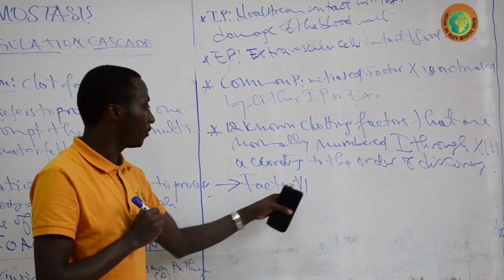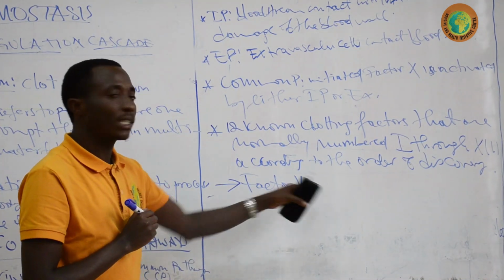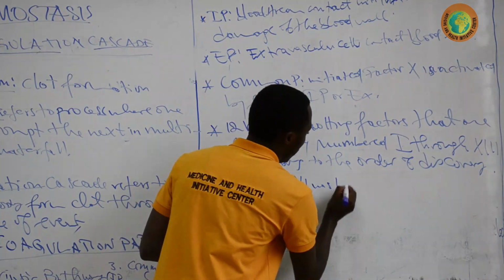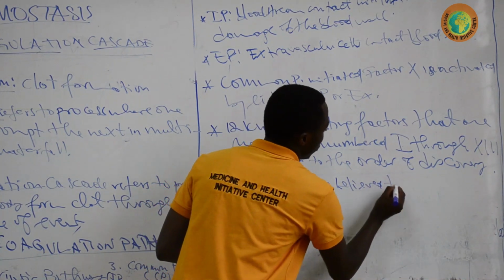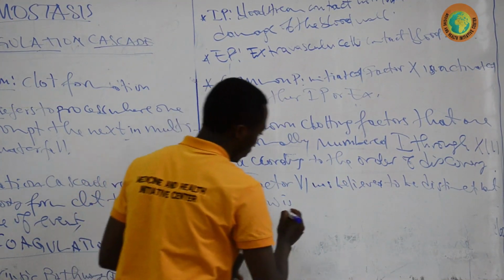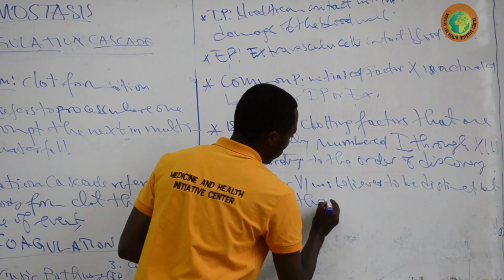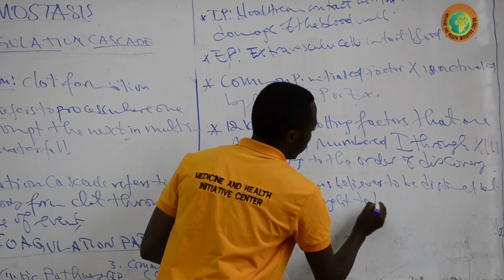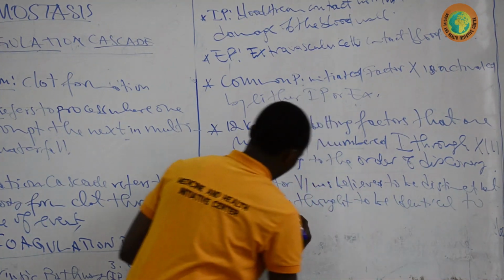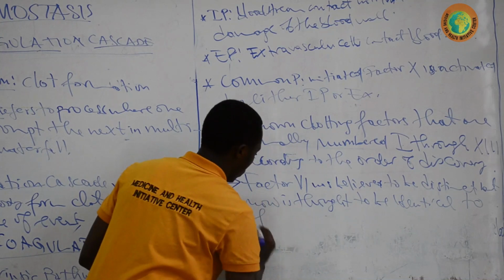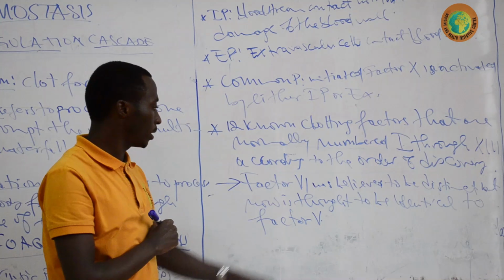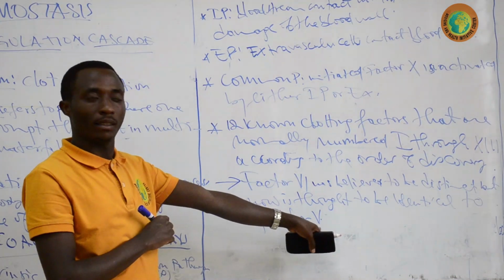Factor 6 was once believed to be distinct, but is now thought to be identical to factor 5, which is proaccelerin.